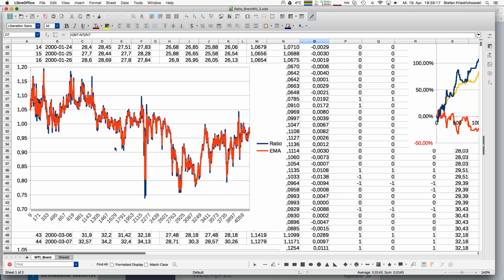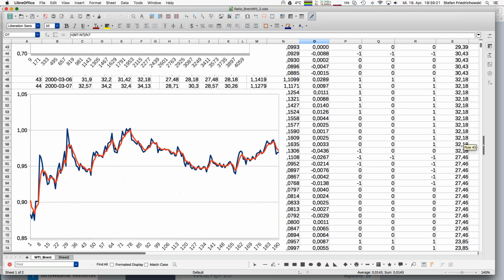But here we can't see everything in detail. So let's zoom. That's a specific period now, same graph, but zoomed into only 200 days, and not the complete period of 16 years. And now you can see what I mean.